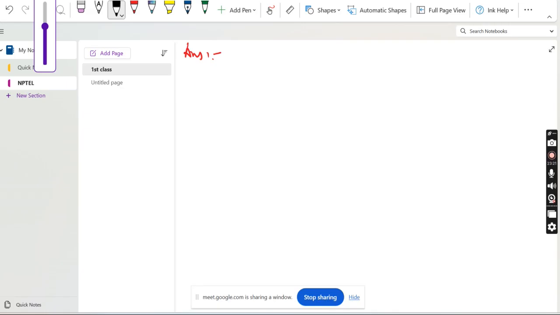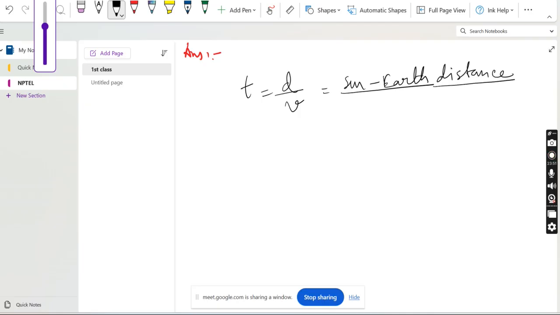So when the sun is turned off or dies, we will not know that instantly. It will take some minutes. So basically that is distance divided by velocity: the sun to earth distance and the velocity of light.